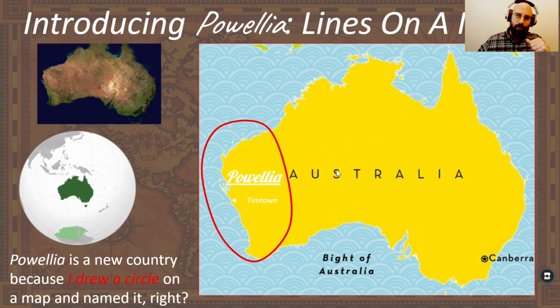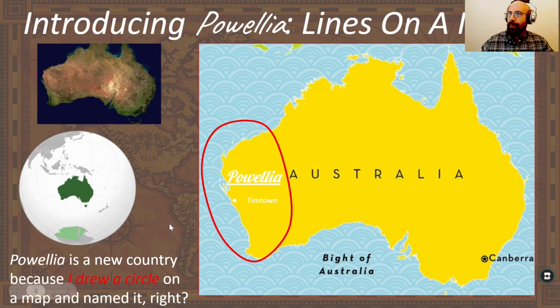Now, what if I decided to go down to Australia and create a new country just for me, and I'm going to call it Powellia. What a beautiful name that would be. The great country of Powellia, just on the west coast of Australia, which is not Australia anymore.